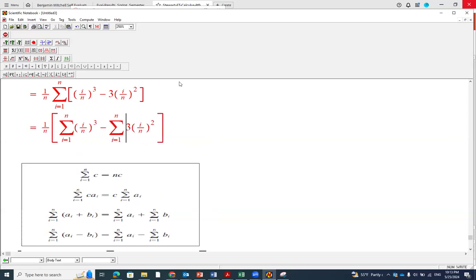Boom. Okay, so this is separated. With this separation, 3 can be brought out. So I'm using the second property. 3 is brought outside. You guys need to learn the summation notation because you need it in calculus 2 as well.